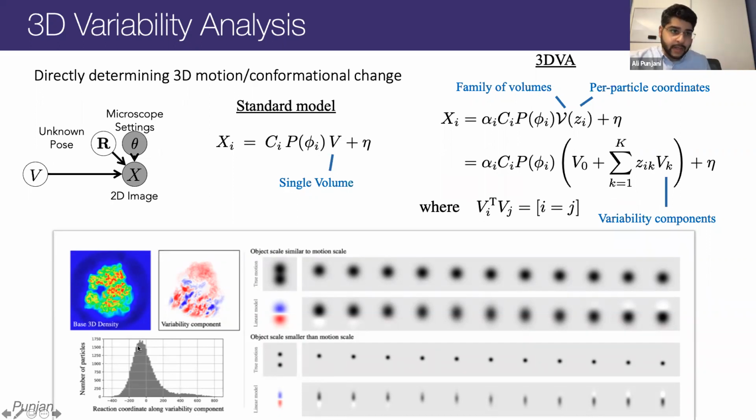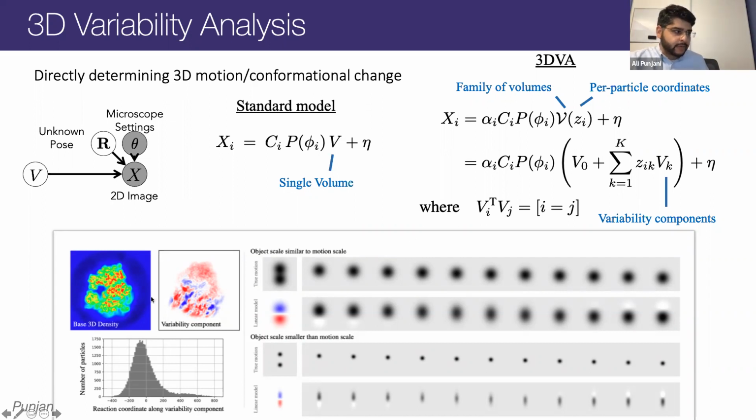And in fact, when we apply 3D variability analysis, we not only can solve the variability components, at the same time we solve, and we have to solve, what are the Zs for every image. Just like with 3D refinement, we were really solving the 3D structure, but we also ended up estimating the pose for every image, and we can make those diagrams of pose distribution. In the same way, we can make diagrams of distribution over per particle latent coordinates.